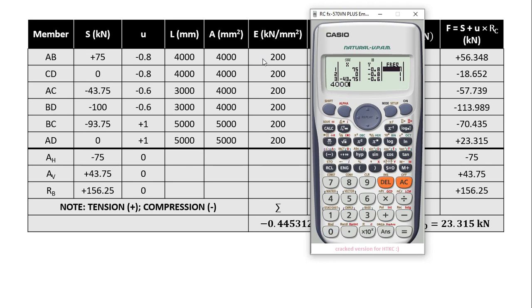So, 4,000 divided by 4,000 divided by 200. Okay? Lagay natin sila, no? 3,000 naman to. So, 3,000. Then this one is 5,000. Pero yung area 5,000 din.